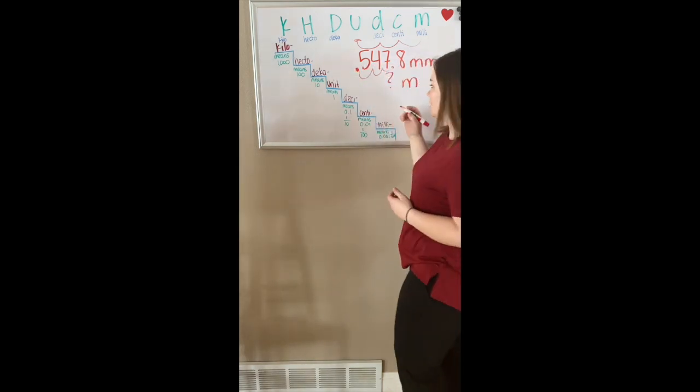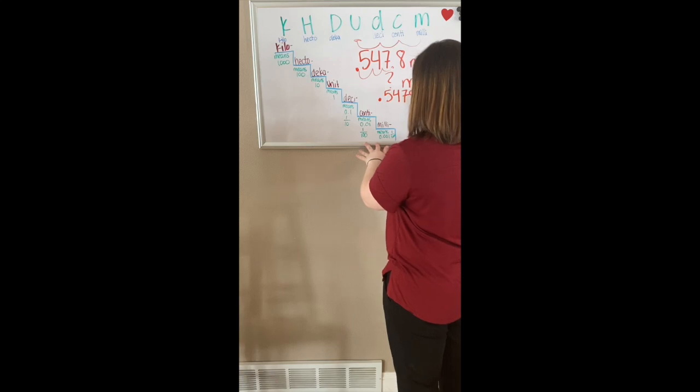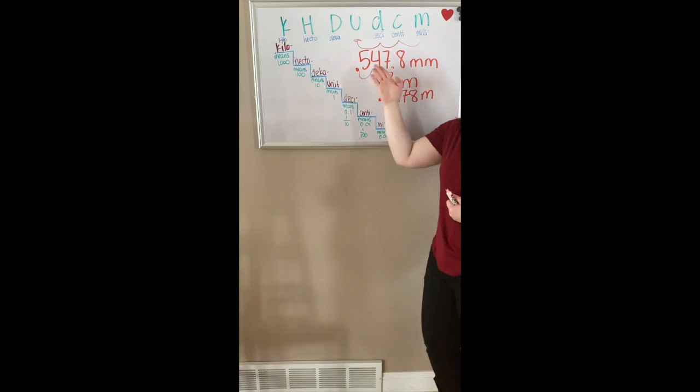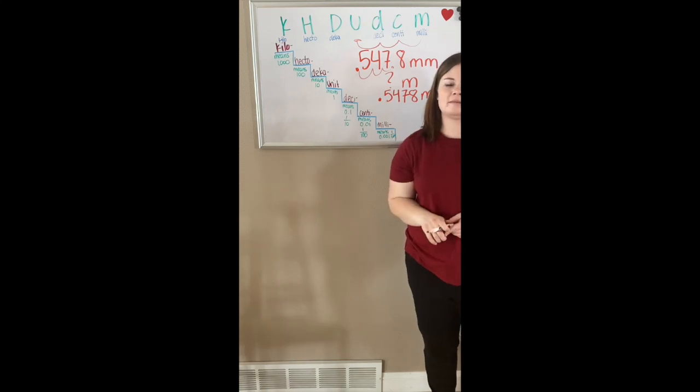So now my answer is 547.8 meters. So this is the same thing as this many millimeters. I just converted it into meters, okay? And if you'll notice, when I changed it from millimeters to meters, my number got smaller, okay? I'm going to explain that in the next step.